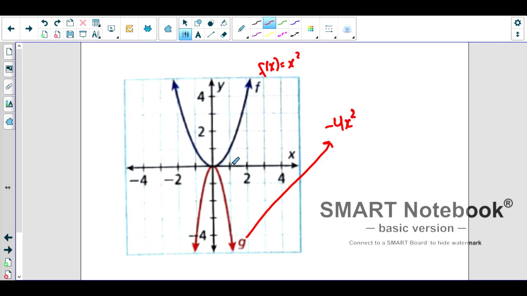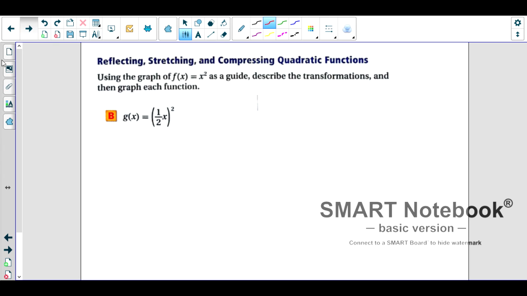Now you see, before, on 1 the value of the graph was 1. Now on 1 the value of the graph is negative 4. Why? Because it's 4 units stretched away from the x-axis. That we learned before, that if the output is multiplied with a number, this is the impact it will bring on the graph. Okay, let's see another question.